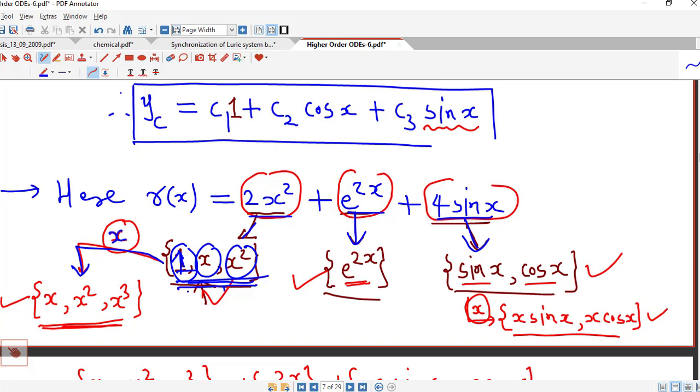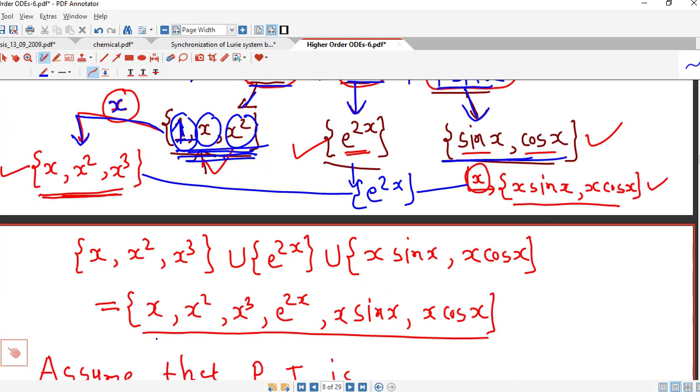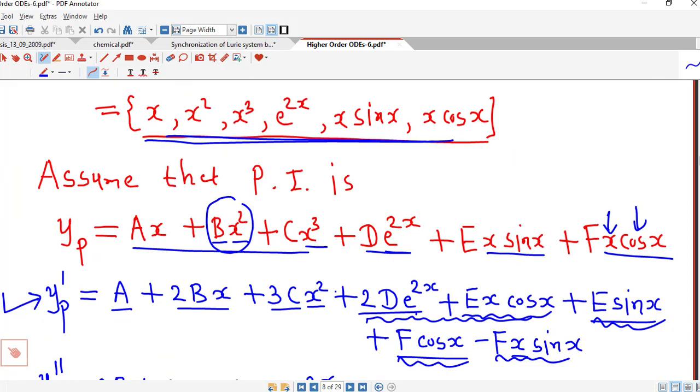So here we have modified these two families and this family remains as it is, and then we take the union of these three families, and a linear combination of members of this union is nothing but our proper choice for the particular integral.